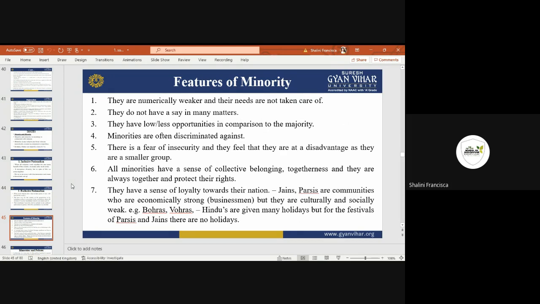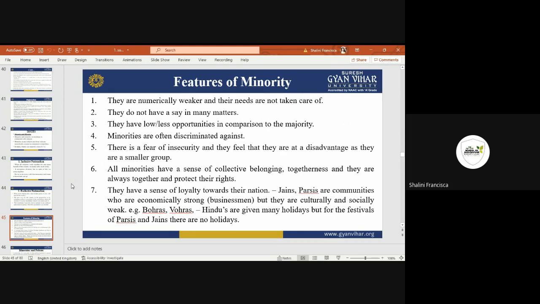There are so many reasons for discrimination against minorities, due to which there is insecurity. If I do this thing, maybe the majority people will discriminate against us, and we will not be able to fight for our rights.